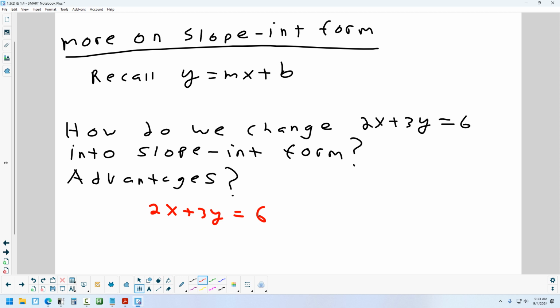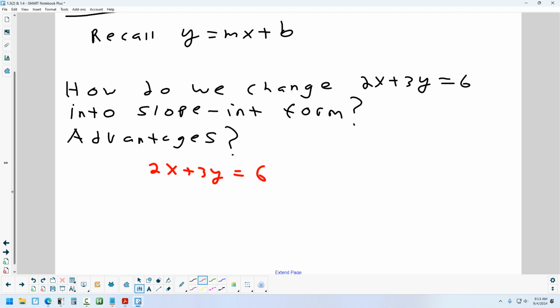Minus 2x. Yep, so we're going to minus 2x. And when we do that, you're not wrong if you write 6 minus 2x, but if you're really trying to get it in y equals mx plus b, you want to put that term with the x first. So we got negative 2x plus 6.